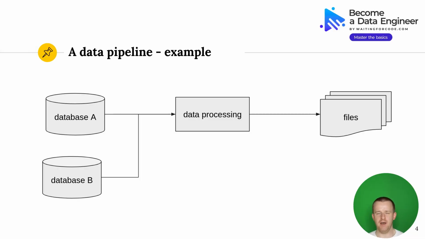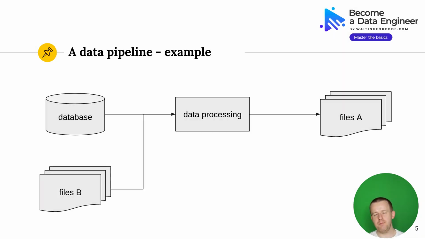Here is a more complex example. We have two databases, and our data transformation must reconcile somehow these two databases into one data set and write it as an output to the files. It's an example to show you that there is always one input, but you can have multiple ones eventually.